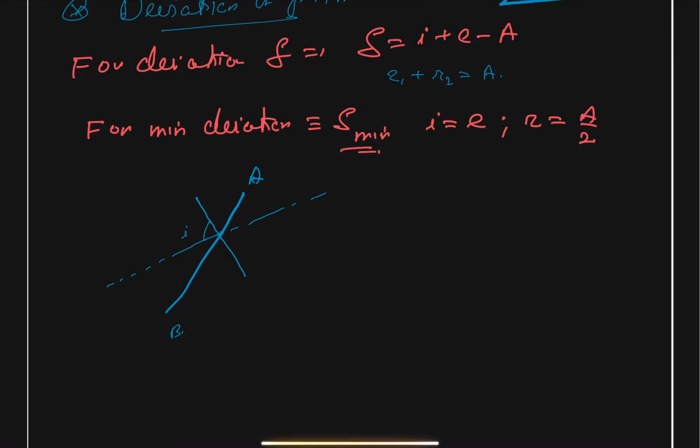At this particular face, if it bends in this direction, this will be our R1 and this will be the angle of deviation. From the geometry we can clearly see that this angle will be equal to our angle of incidence. Let us put this as our I1. So from here we can write I1 is equal to R1 plus delta 1.